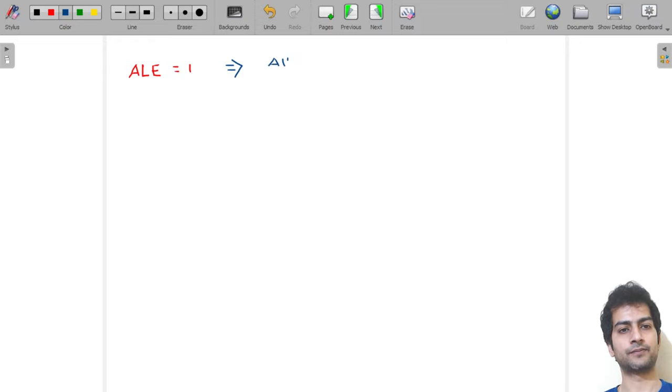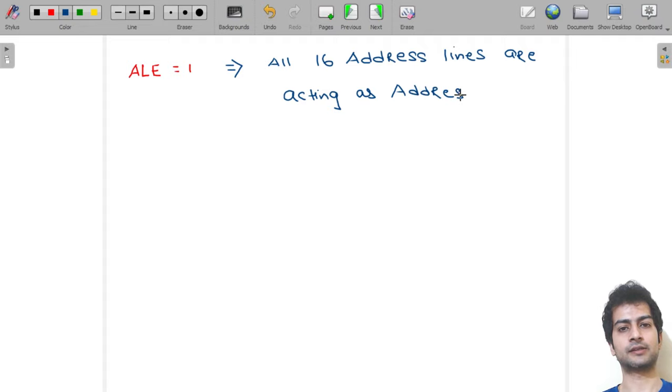All 16 address lines are acting as address bus. And if ALE is 0, ALE 1 means ALE is energized.